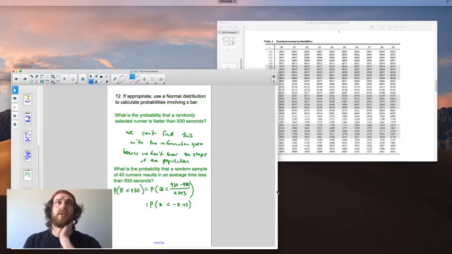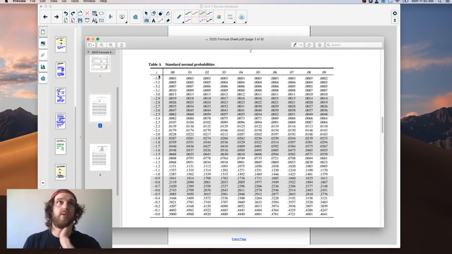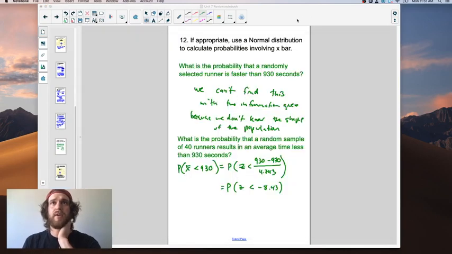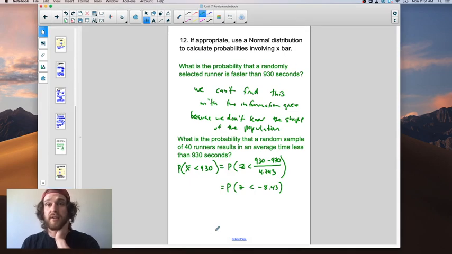Okay, let's look at our sheet here. Oh wait, the chart only goes to negative 3.4, which means that negative 8 is going to be very, very small. If you wanted to figure out the actual probability that Z would be less than negative 8.43 standard deviations away, you would probably need to use normal CDF.